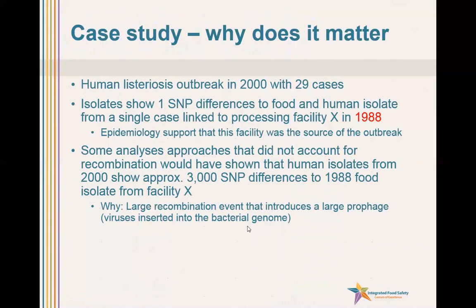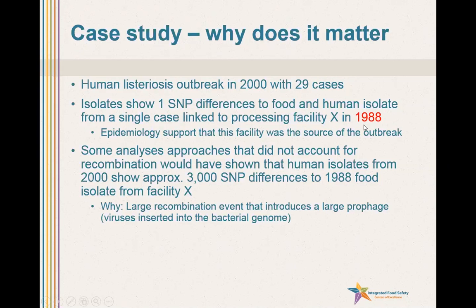Now, this is a practical example that actually happened to us. We investigated retrospectively a human listeriosis outbreak that occurred in 2000, where we had 29 human cases. When we analyzed selected isolates, one of these human isolates showed a single SNP difference, so a difference in 1 nucleotide over 3 million nucleotides, to food and human isolates from a single case that was linked to a processing facility in 1988.